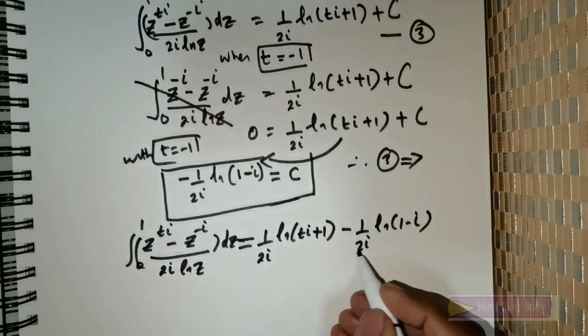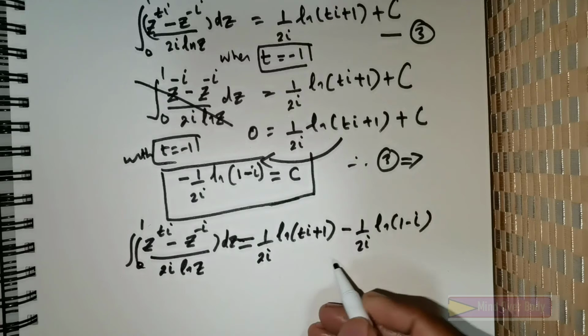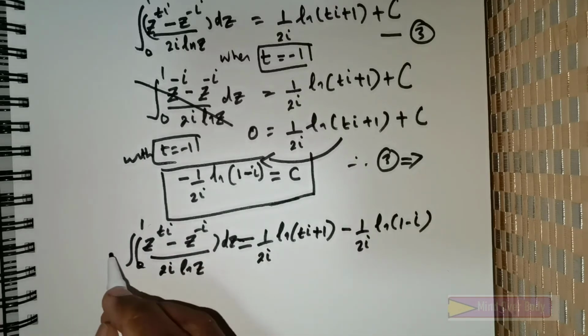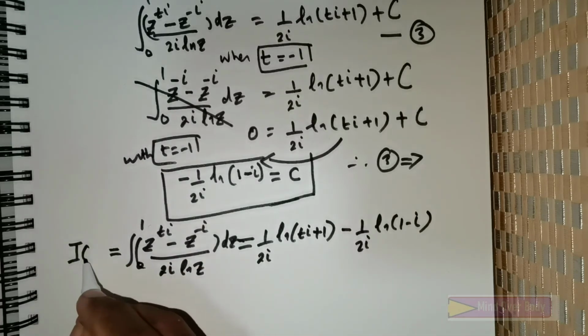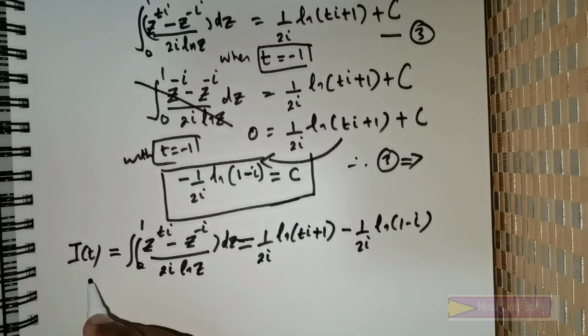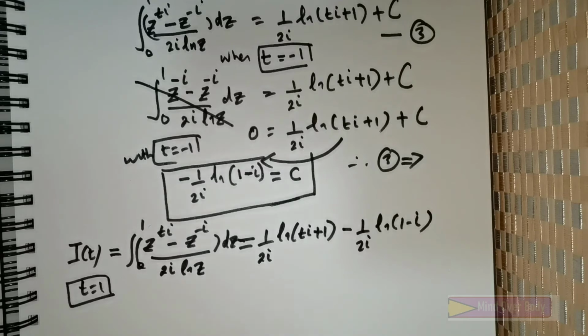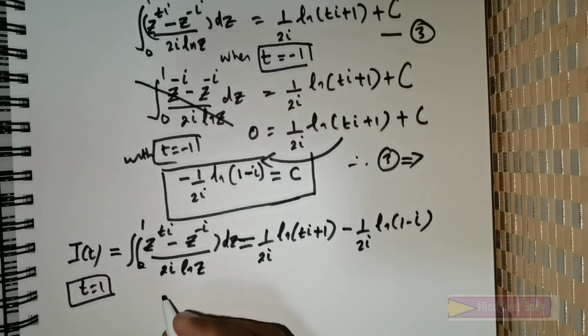Now I can take 1 over 2i common, but before that, this is actually I of t, but we don't need I of t. We need t equal to 1. That's the requirement for the question.